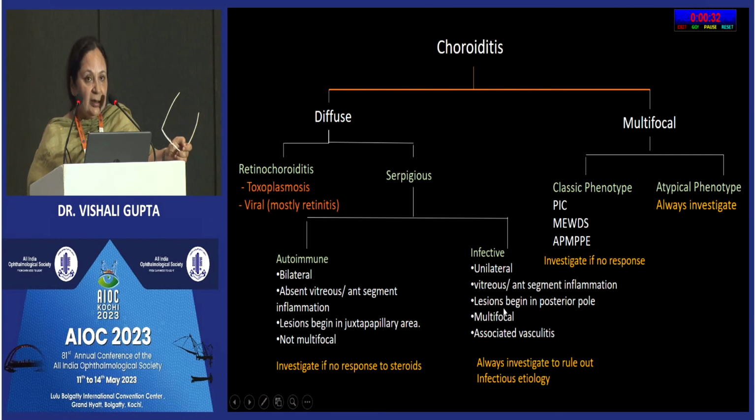Lesions generally begin in the posterior pole, they are multifocal, and you may have associated vasculitis. If it is autoimmune, honestly, the literature does not say you have to investigate, so you can start the treatment and investigate if you do not find a good response to steroids. But if it is the infective kind of phenotype, always investigate to rule out infectious etiology, TB being the commonest, at least in our country.